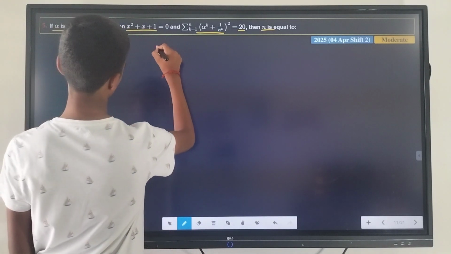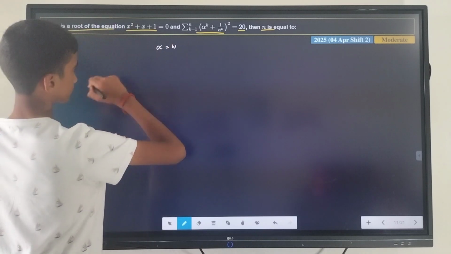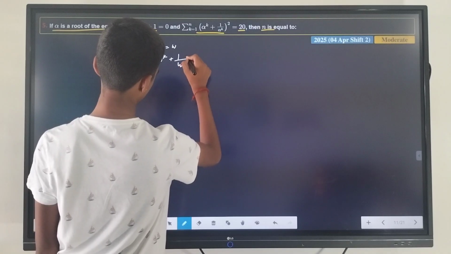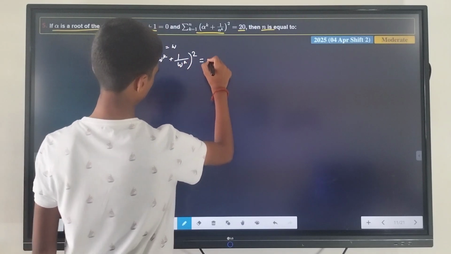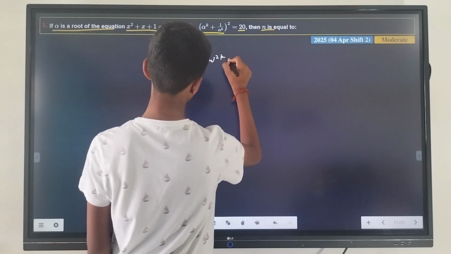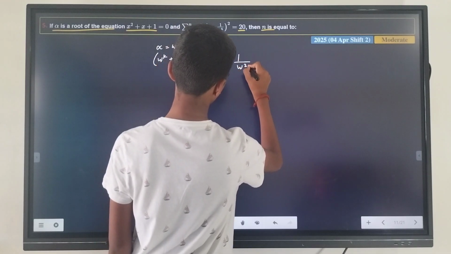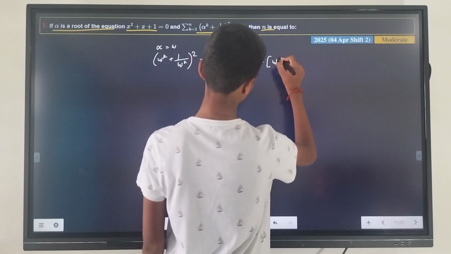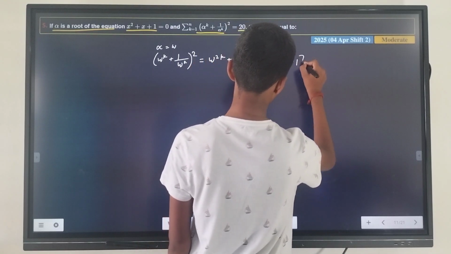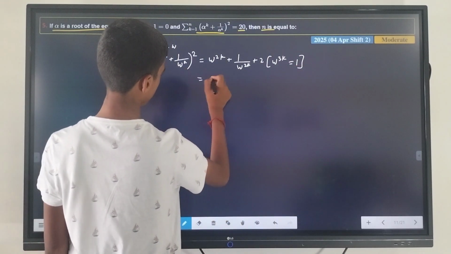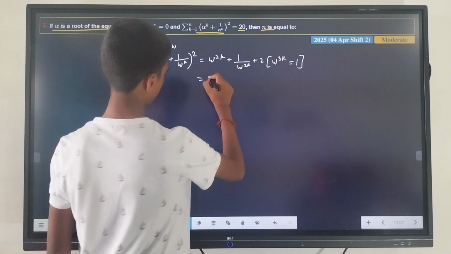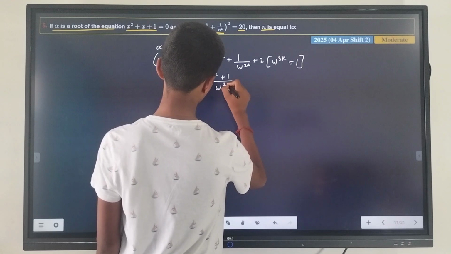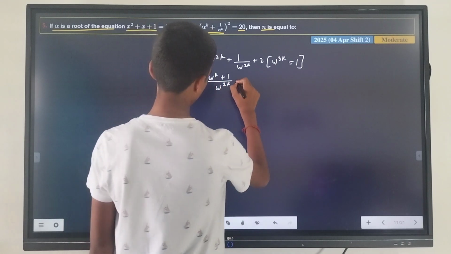Let's say alpha is equal to omega, then omega k plus 1 upon omega k square is equal to omega 2k plus 1 upon omega 2k plus 2, and omega raised to power 3k is equal to 1. So from here, cross multiplying, omega 4k will be omega k plus 1 upon omega 2k plus 2.